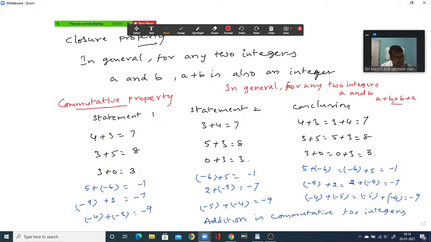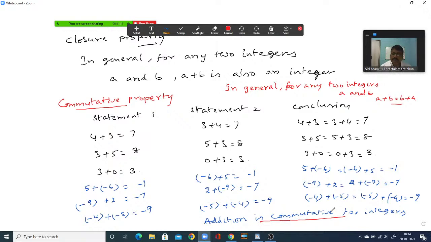That means when the order is changed in the sum of the numbers, the result is same. That's why addition is commutative for integers.